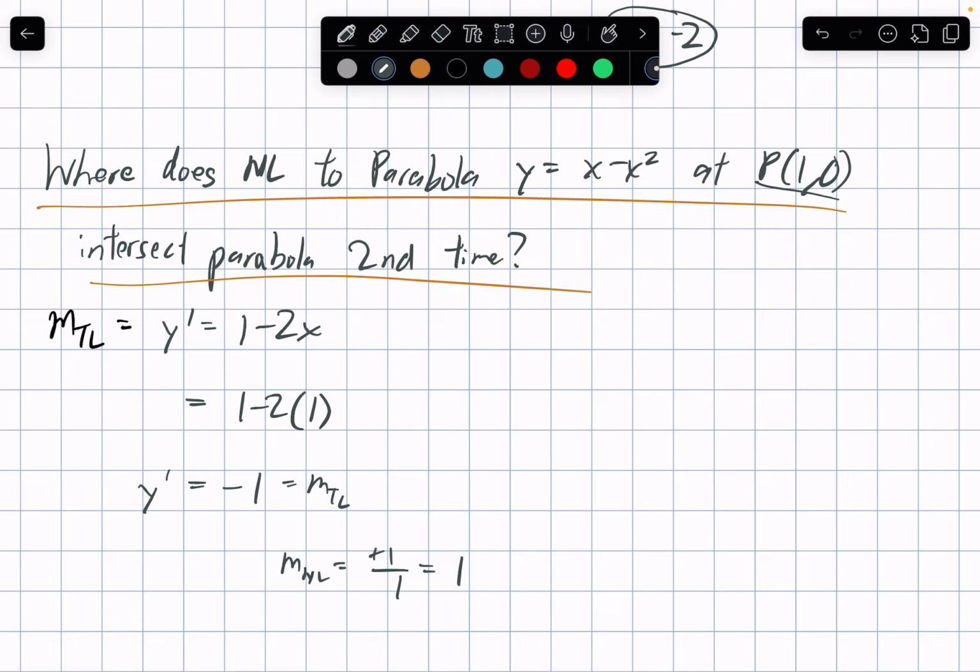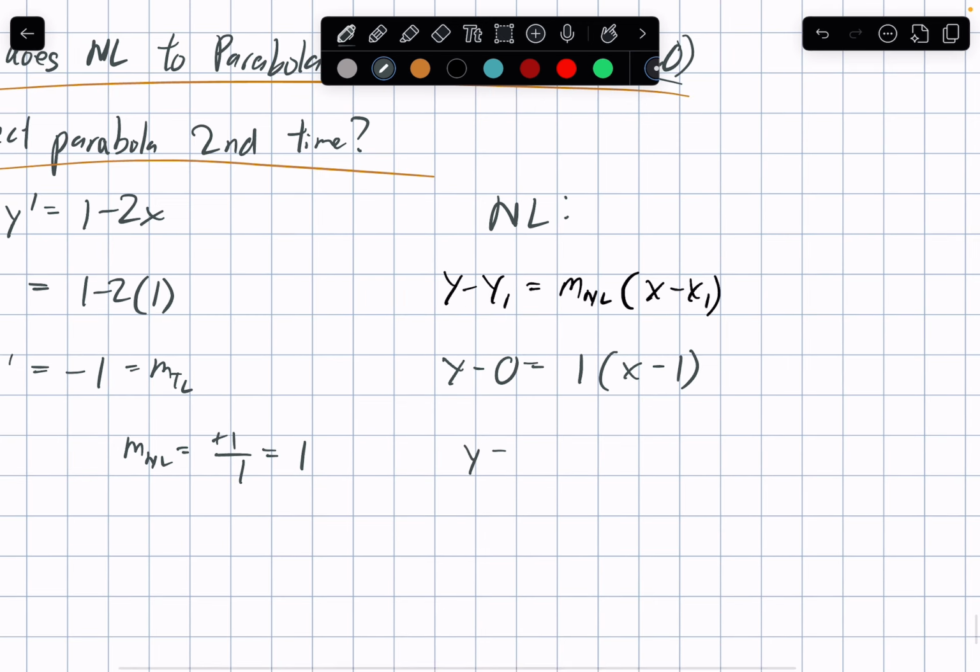But we are focusing on the normal line. So bring out the point slope form. Coordinates, y minus 0 equal to 1 times x minus 1. Y is equal to x minus 1.